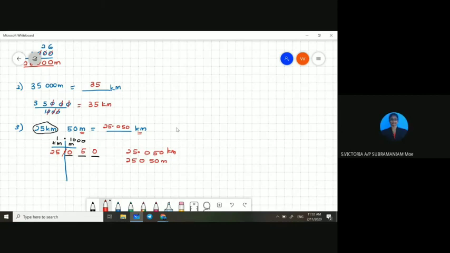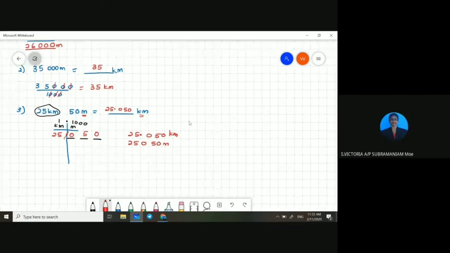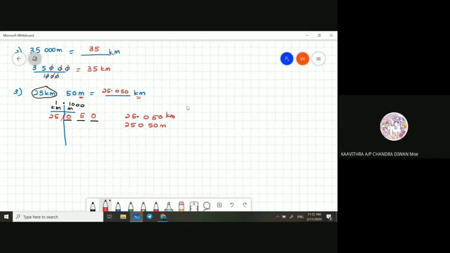If let's say you don't want to use the T method, you want to use the working method, the formula, what should you do? The question is 25 kilometer and 50 meter, right? You don't bother with this kilometer first, this is already kilometer. I need to add these two.